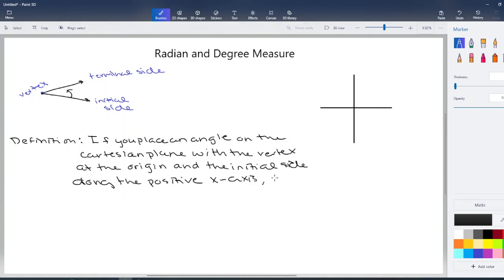So we call that position standard position.